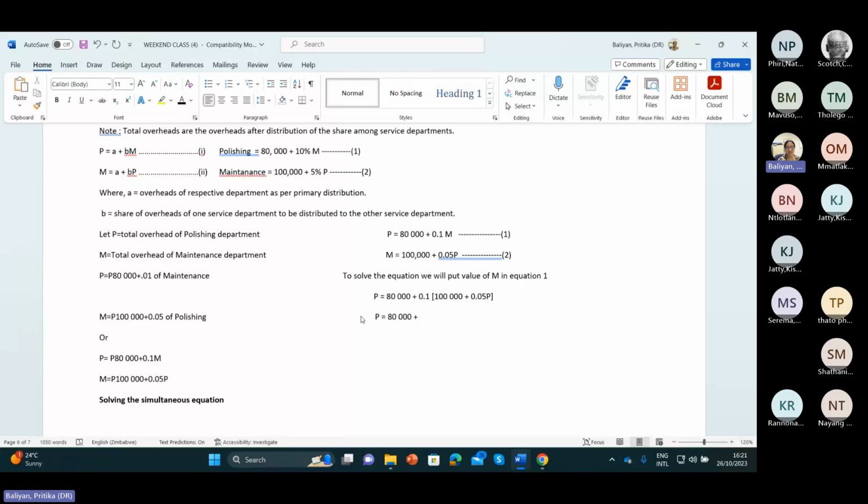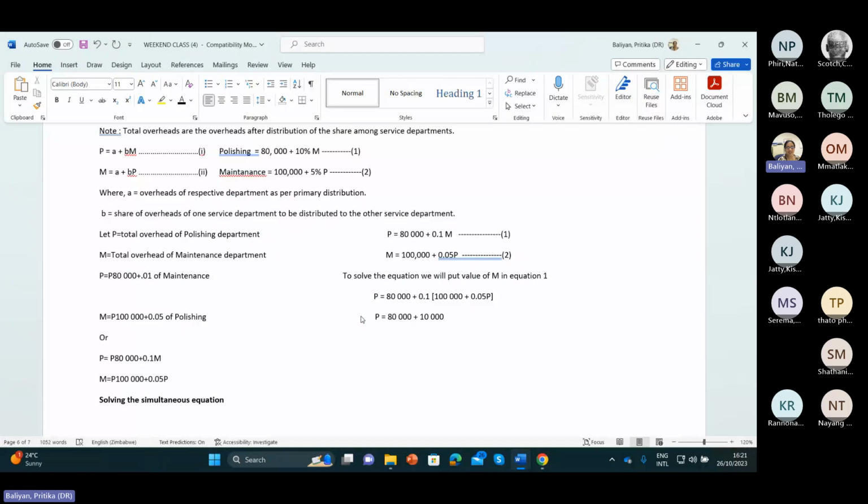So here you multiply 0.1 times 100,000, which will give you 10,000. So the first value is 10,000.